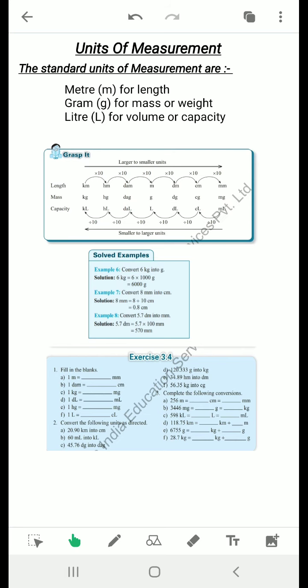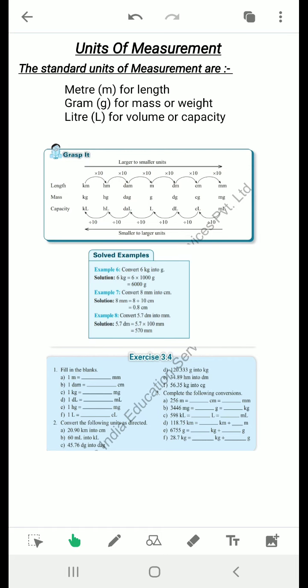If you are measuring length, then everywhere it will be meter. If you are measuring mass or weight, then everywhere it will be gram. And if you are measuring capacity or volume, then you include liters with them. It will make it kiloliter, hectoliter, decaliter, liter, like that.